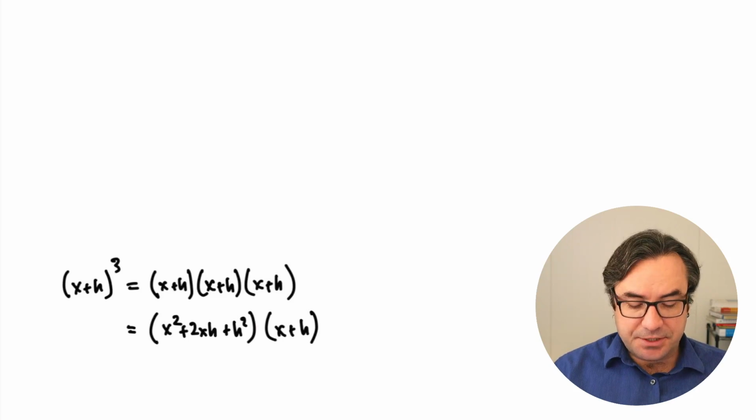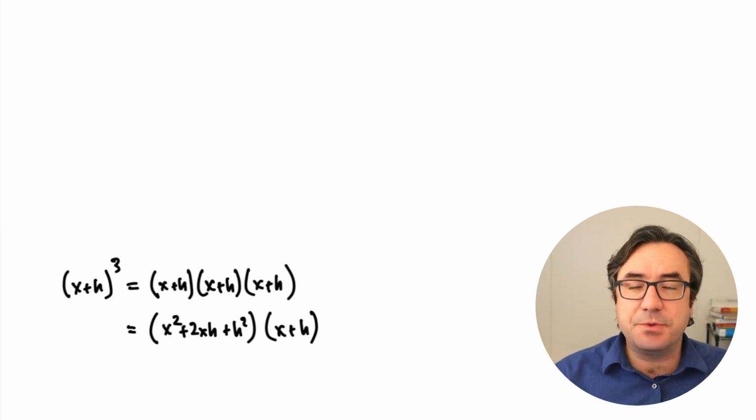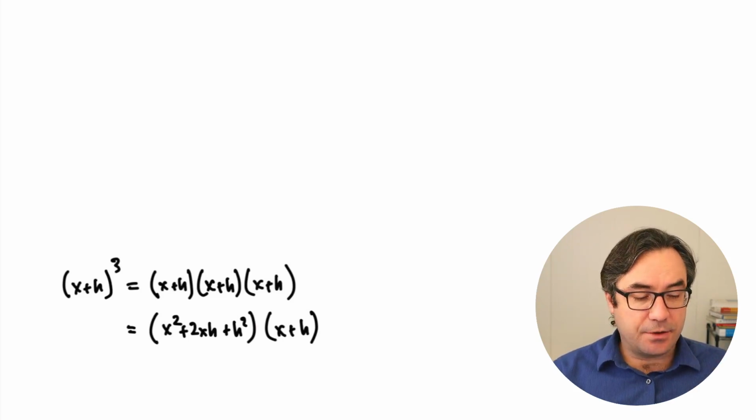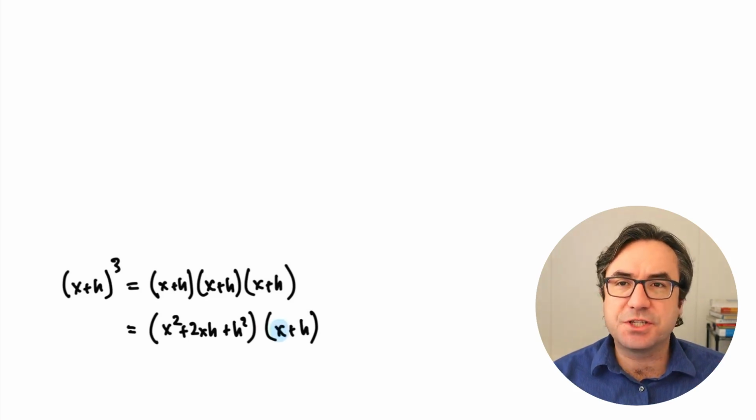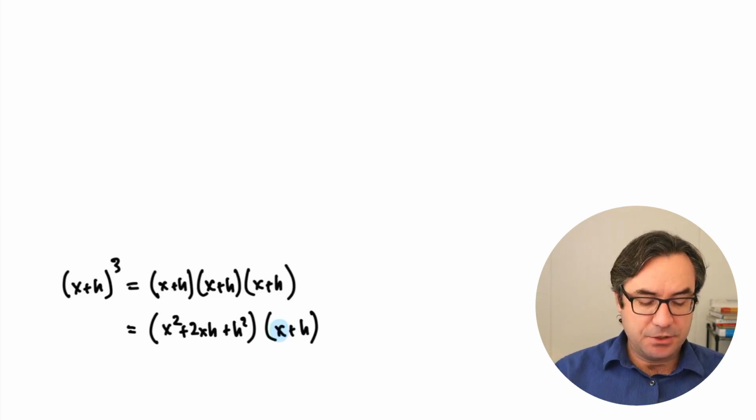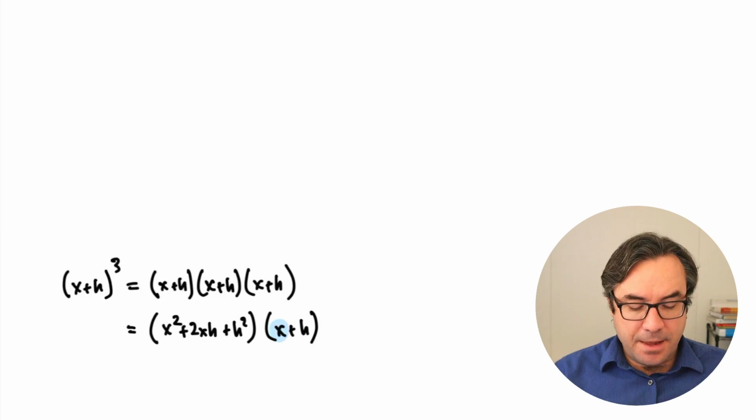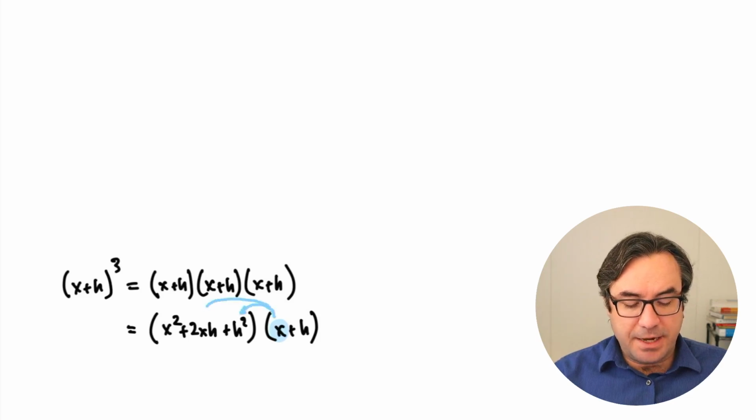And now we just do the distribution just like regular. So I go to whichever term has the smaller number of pieces to it. So I'm going to look at this x plus h, and I'll start with the first term, and I'm just going to distribute it, multiply it into everything in the first piece here.